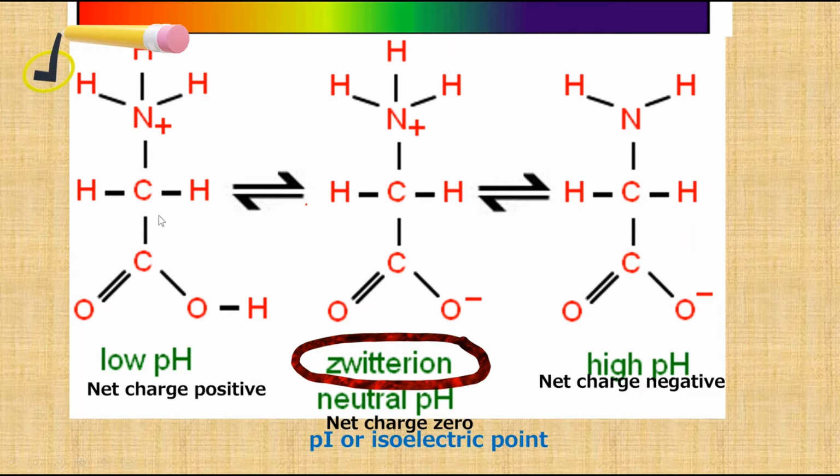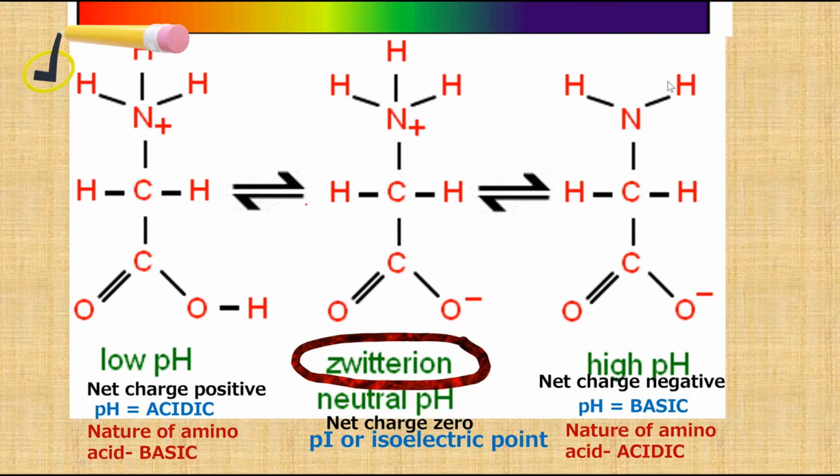Now coming to the form of amino acid in lower pH or in acidic solution. In acidic solution, every amino acid can gain a positive charge in the amino group, and hence the pH is acidic. But what will be the nature of the amino acid? It will be basic. Similarly, in the higher pH, the net charge will be negative, the pH is basic, and the nature of the amino acid will be acidic.